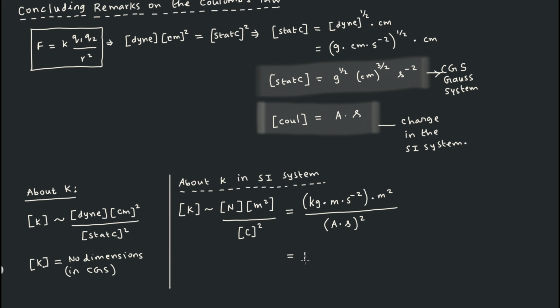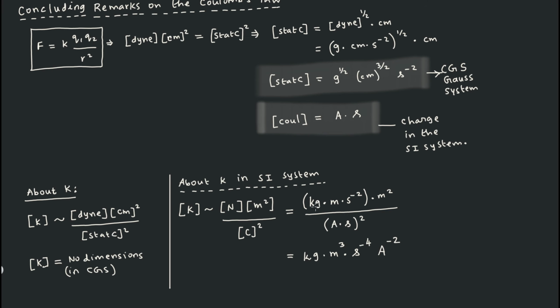That gives you kilogram. Then you have a meter and a meter, so let me write down that this is meter cube. Then here you get a second to the minus 2, but there is a second to the plus 2 in the denominator. I think that will give you second to the power of minus 4. And finally you have ampere to the power of minus 2.